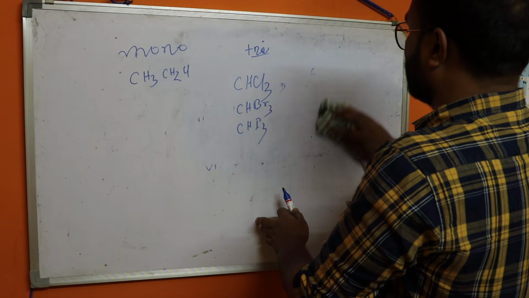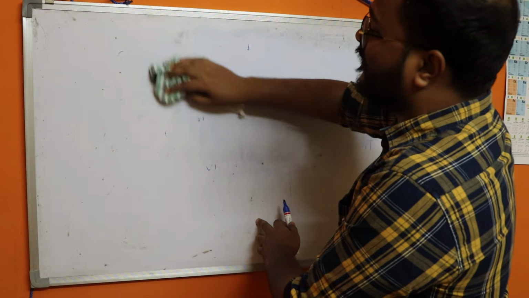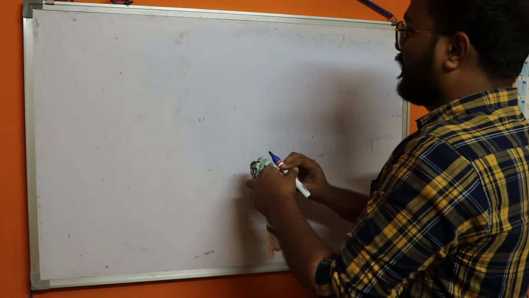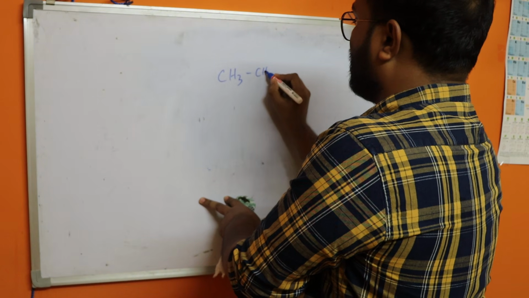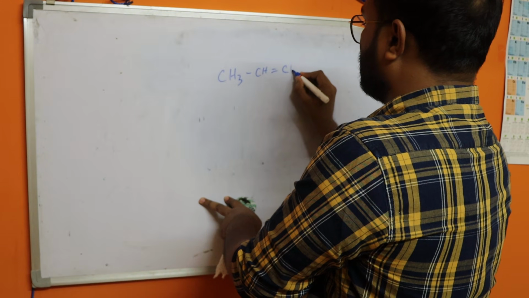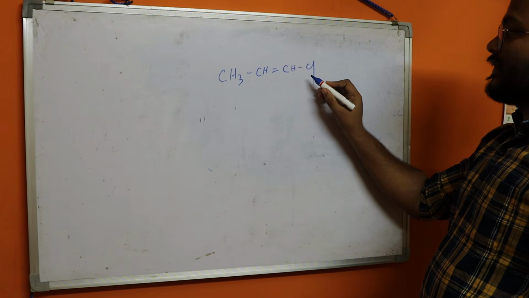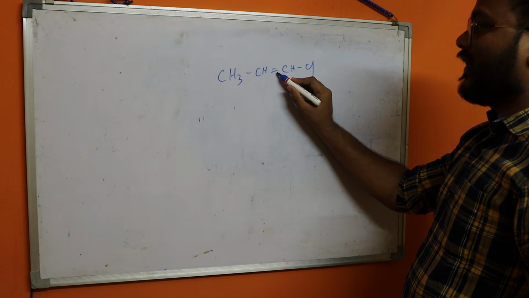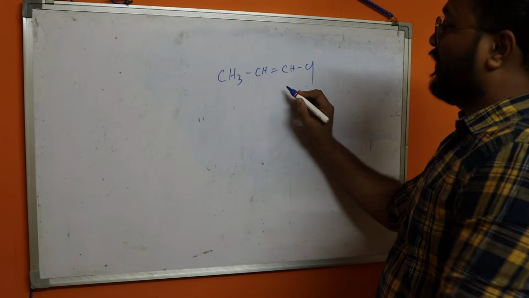Now we'll see there are other types of haloalkanes. If you have CH2=CH, with the chlorine atom directly connected to the carbon which is part of the double bond, this is called vinyl chloride.